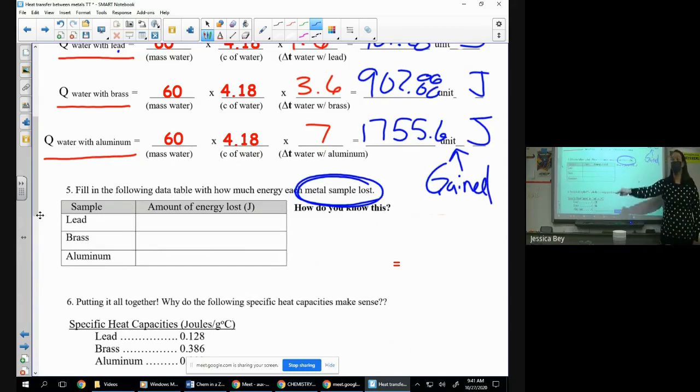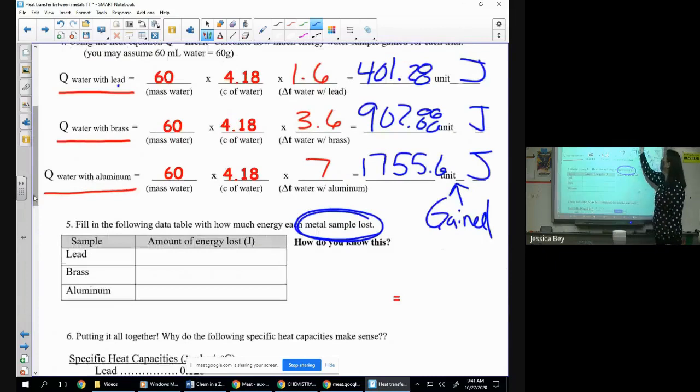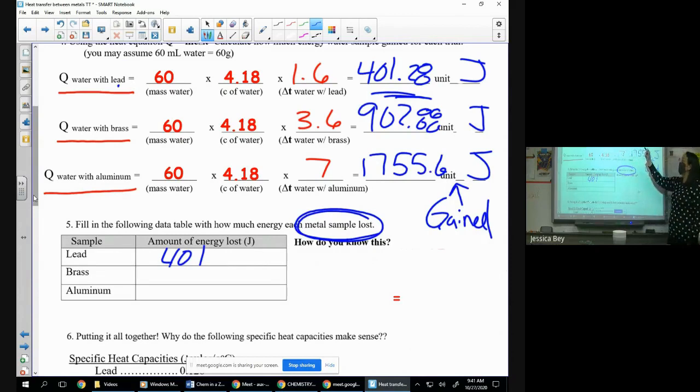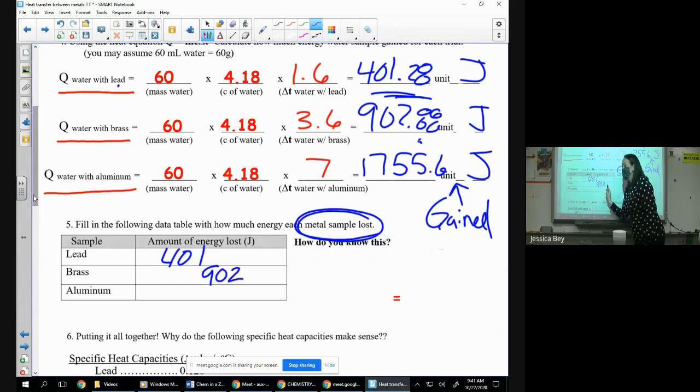Why did the water get hotter? Because the metal got cooler, right? So if the water with the lead gained 401 joules, that means the lead itself lost 401 joules. And if the water with the brass gained 902 joules, that means the brass itself lost 902 joules.